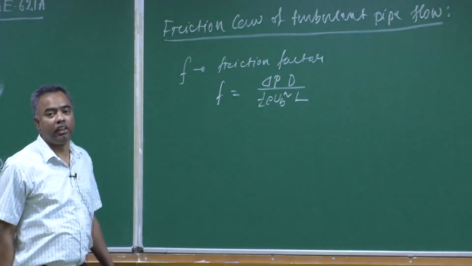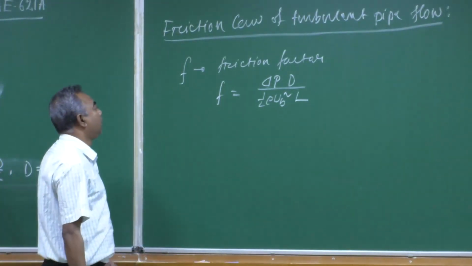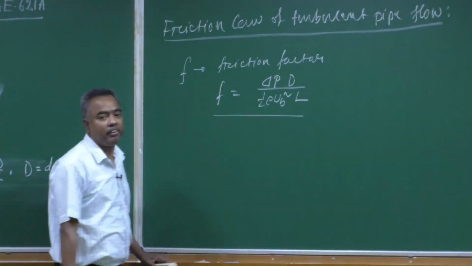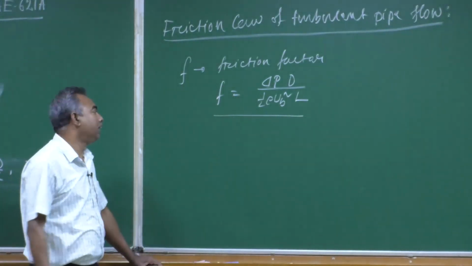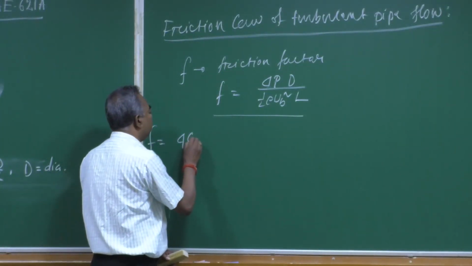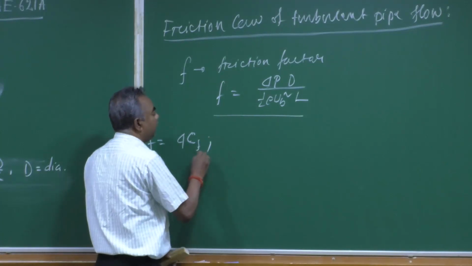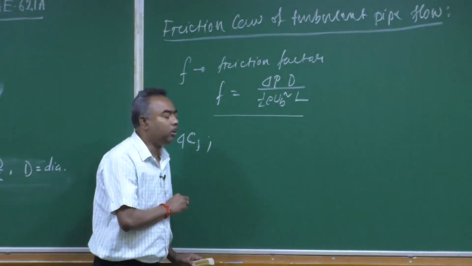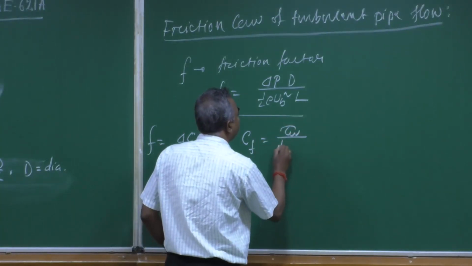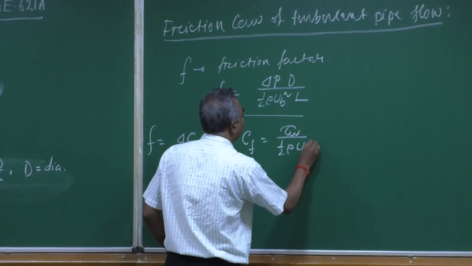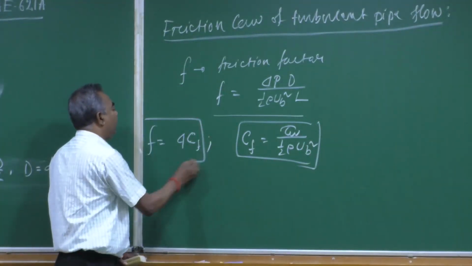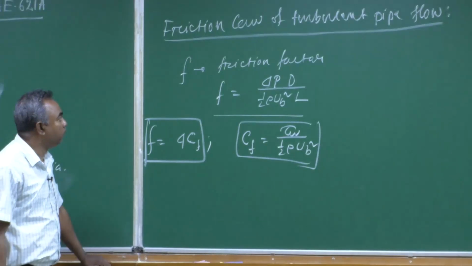This is the definition of friction factor. Traditionally friction factor is used instead of skin friction, and it can be shown that F is equal to 4 times Cf, where Cf is the skin friction coefficient, defined as tau_w by half rho U_b square. These are some of the relations we need to know before we proceed.